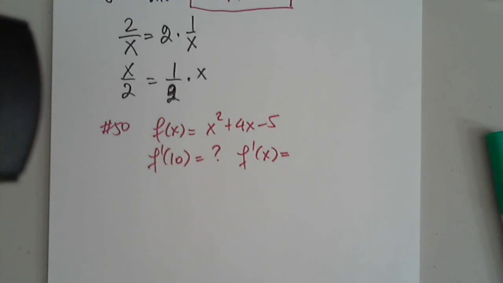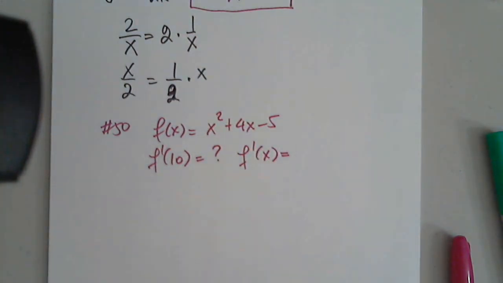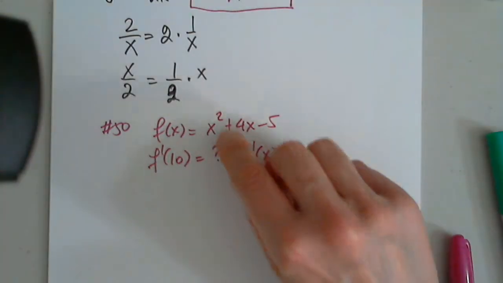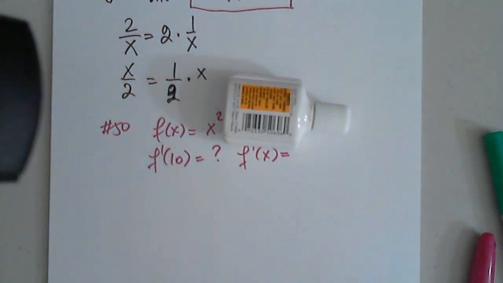Was it 1 that you said? Say it again. Was it 1? F prime of x. F of x is x squared plus 4x minus 5. We have to determine f prime of x. X plus 4. So how do we differentiate x squared? What do we get when we differentiate x squared?